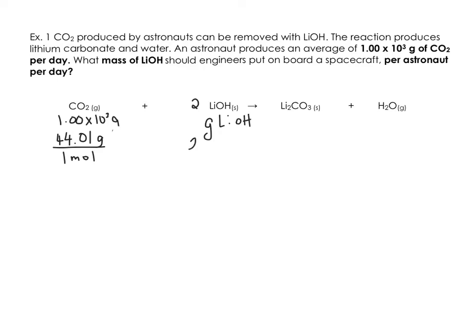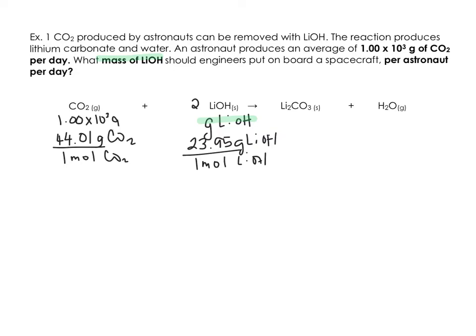And we know the molar mass, because we can calculate it, is 23.95 grams per 1 mole of LiOH. Put your units in. Units are very important. So we want to find the mass of lithium hydroxide, so grams of LiOH.